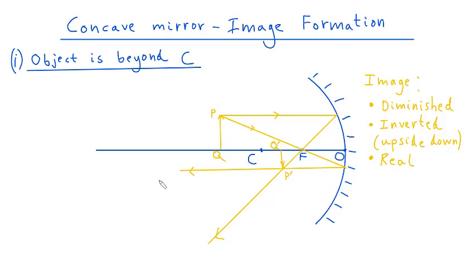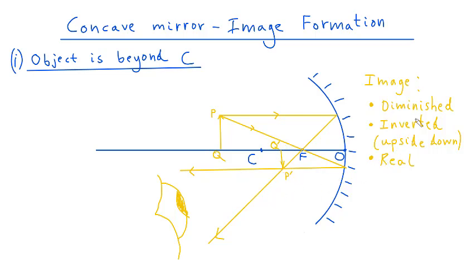So if an observer is looking at what's going on here, their eye and brain would see these reflected rays and think that they are coming from point P prime, or P dash here. And because these reflected rays are truly emerging from this point, that makes the image real.